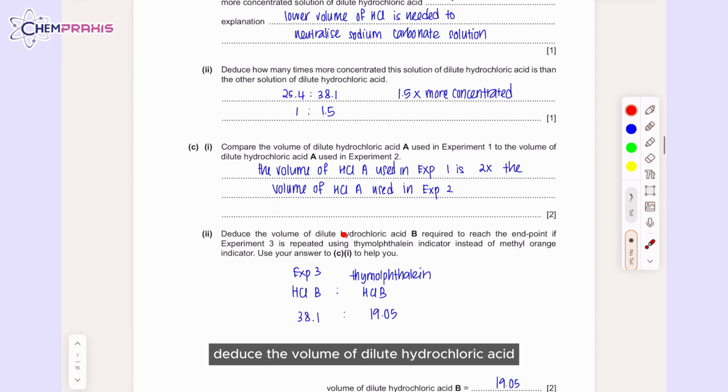Deduce the volume of dilute hydrochloric acid B required to reach the endpoint if experiment 3 is repeated using thymolphthalein indicator instead of methyl orange indicator. Use your answer to C1 to help you. Since we know that for experiment 1 and experiment 2, we are using the same hydrochloric acid, but one is methyl orange indicator and the other one is thymolphthalein indicator, we can use this as a reference.